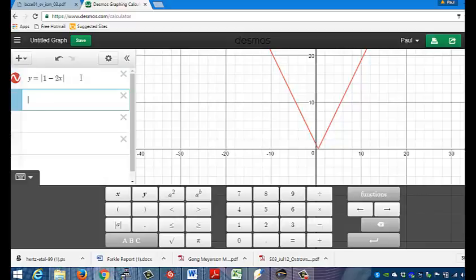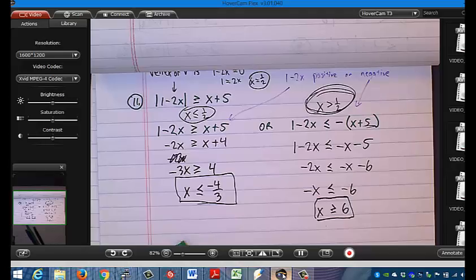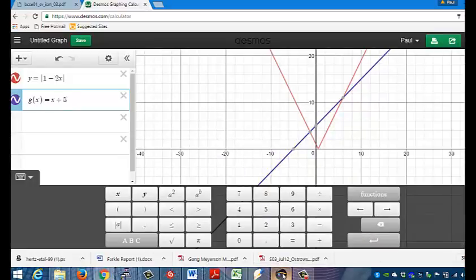Okay? And then the other function, you know how to graph, but I'm going to do it anyways. g of x is x plus 5, right? And so when I'm asking you guys, hey, where is 1 minus 2x bigger than or equal to x plus 5? On the picture, where are we talking about? We want the red to be bigger than or equal to the blue. Look at what our answer was.